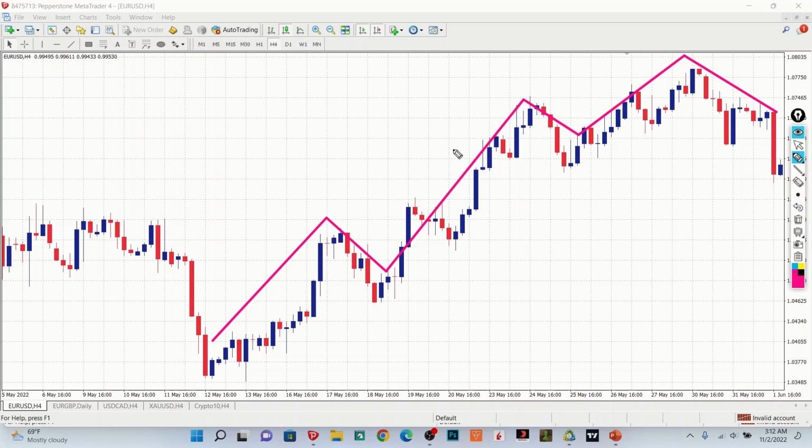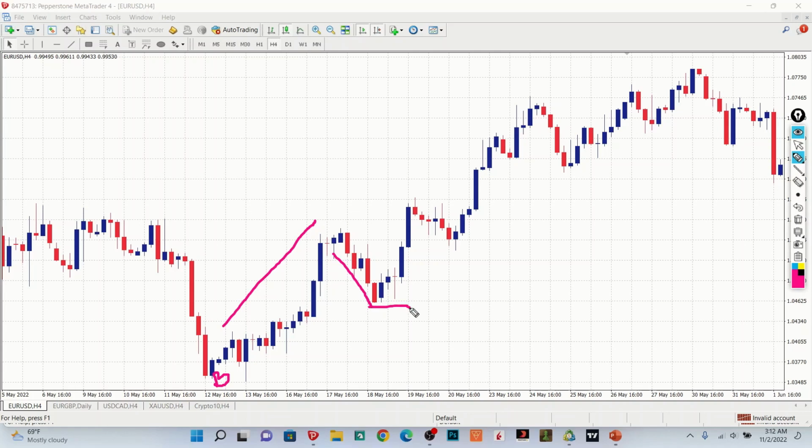So from here, we are going to look at, for example, this wave B. If you're here and price moves to that level, then the price retraces, you find out whether that is a Fibonacci level. Of course, let's find out.